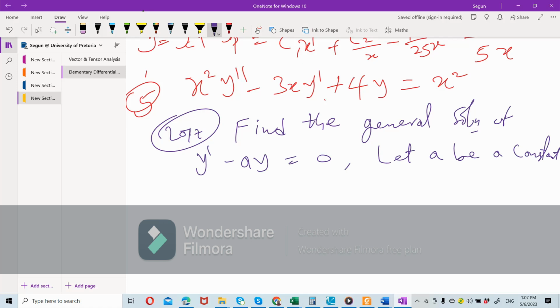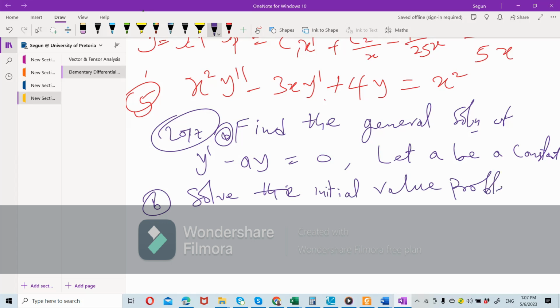So for you to solve this problem, what do you have to do? Then B, this is A. It did not say B; this B might be another question in your own case. Solve the initial value problem.